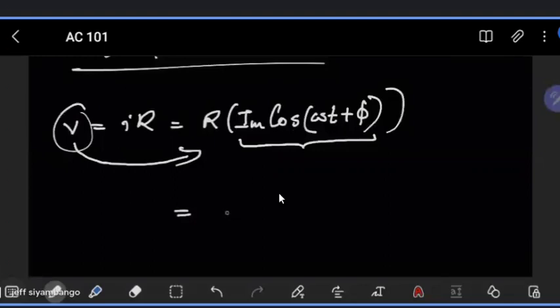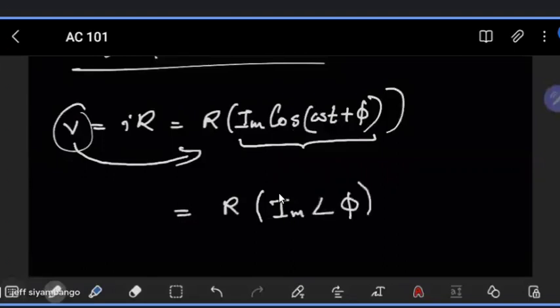So I will write that as I max and then the phase angle phi.